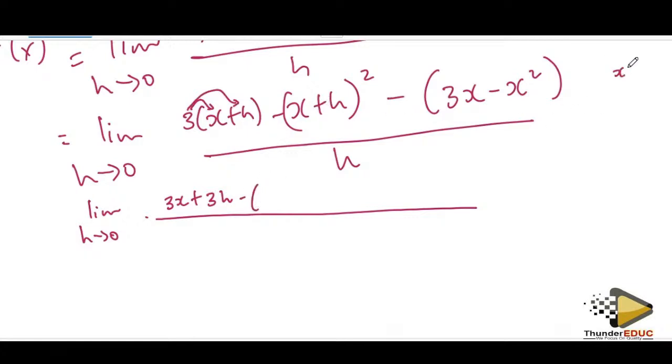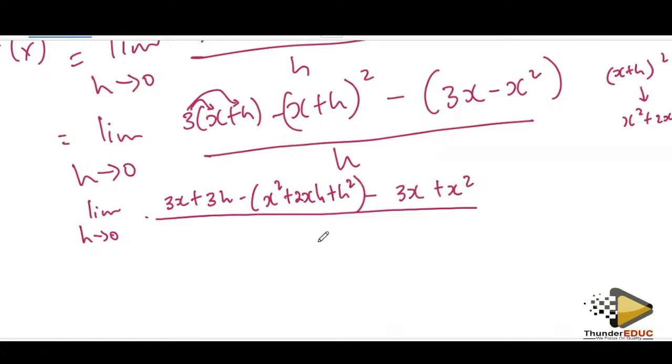Remember when I open x plus h squared, this gives me x squared plus 2xh plus h squared. I'll allow an extra step, x squared plus 2xh plus h squared. Open this up, minus 3x plus x squared over h.